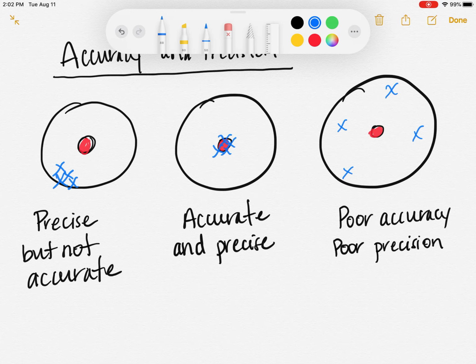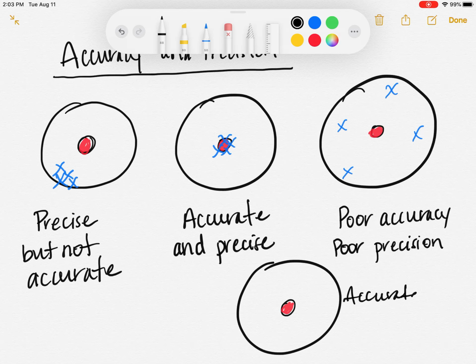Now, of course, could you do accurate but not precise? That's a little harder to do, but I guess you could. Accurate but not precise. To be accurate, you have to be hitting the bullseye sometimes, but if your precision's bad, that means you're also hitting way far away from the bullseye.